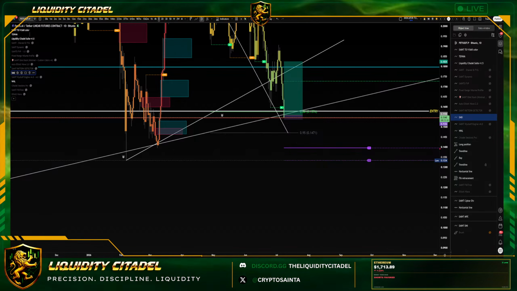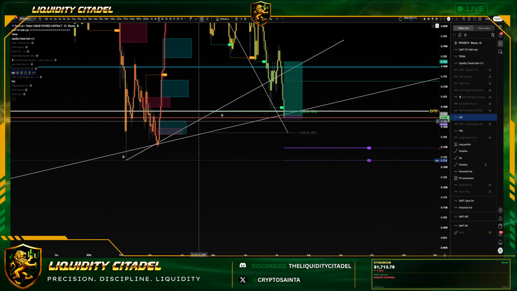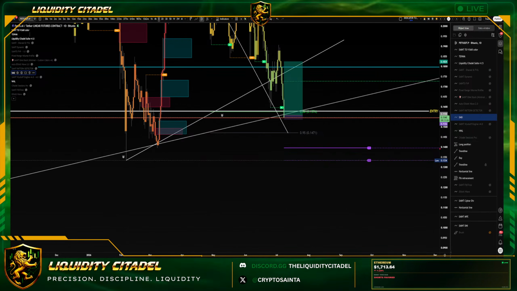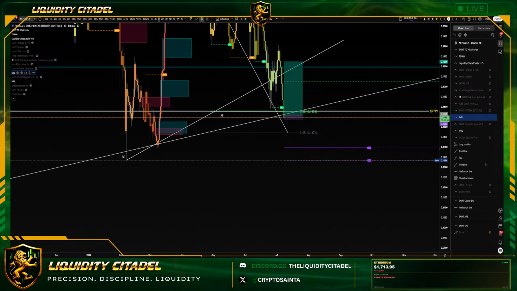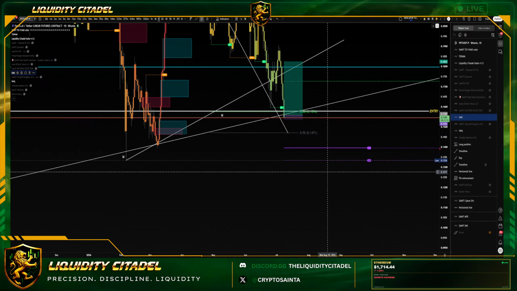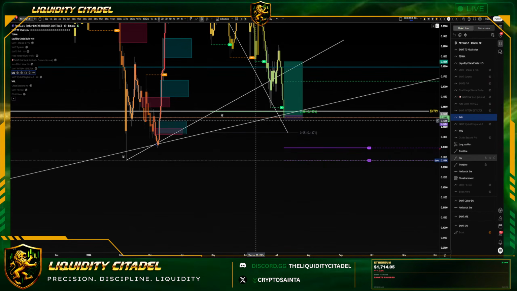I'm gonna set a limit here, 1528, and set a limit at 15.28. So if I get stopped, fine. Lose a couple bucks. And then look at 15.29, 15.28.